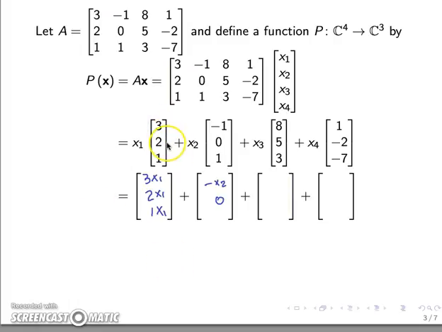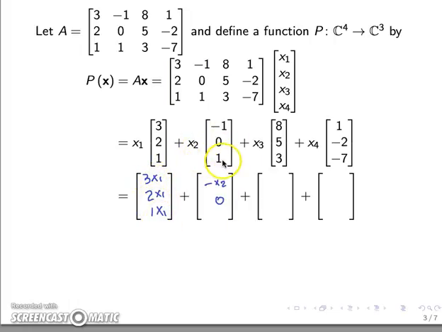So if we continue the operations here, each member of this linear combination is a scalar multiplication. Multiplying the scalar x1 times every entry of the first column vector gives us 3x1, 2x1, 1x1.